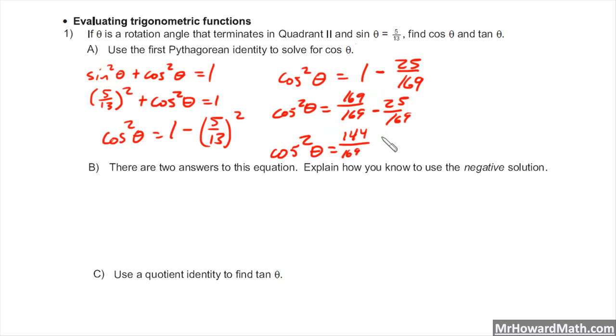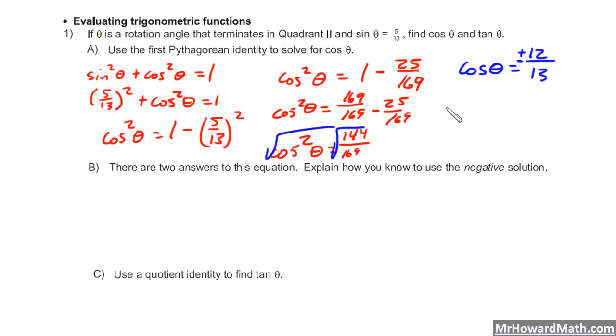That's where that's coming from. And then if you notice, we have cosine squared theta, so we need to square root both sides. So we'll do that, square root both sides. And we get cosine theta is equal to, the square root of 144 is 12. The square root of 169 is 13. And then we took the square root, so we need a plus or minus symbol here. So plus or minus 12 over 13.